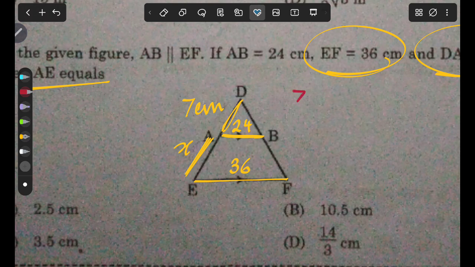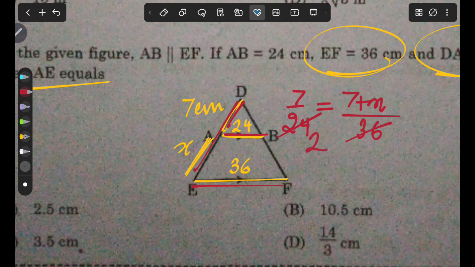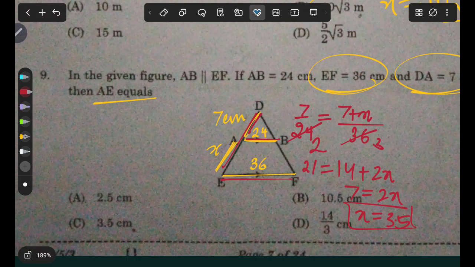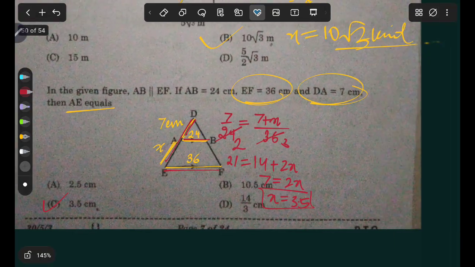So 7 upon 24 is equal to 7 plus X upon 36. Cancel this 2 times, this 3 times. 7 times 3 is 21, and now 14 plus 2x. Now 7 is equal to 2x. X comes out to be 3.5. AE is equal to 3.5. C is the correct answer.